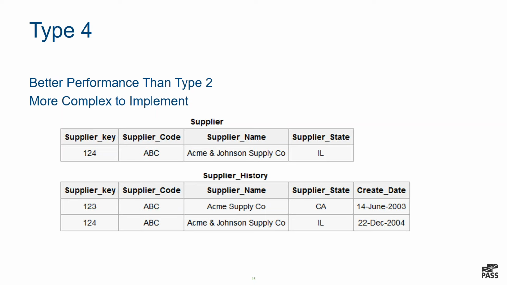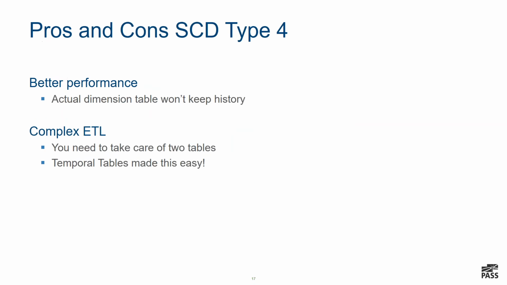It's not a hard job, but it takes time to implement, and usually companies are not investing that much budget just for adding a bit of performance, which is a bit of a shame. Fortunately, in type 4, we have a big surprise, which is temporal tables. Temporal tables help us build slowly changing dimension type 4 very easily. I'll show you how that works.